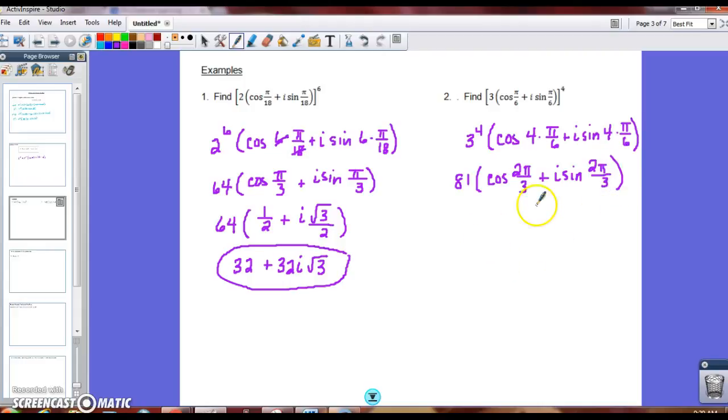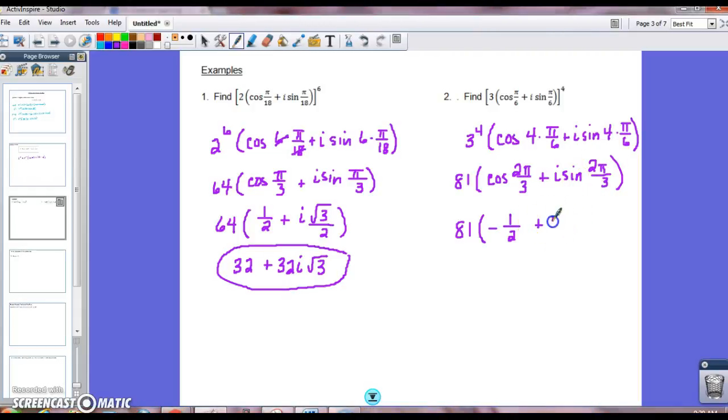If I evaluate that and distribute, cosine of 2 pi over 3 is in the second quadrant. Cosine is negative in the second quadrant, the same as cosine of 60 degrees, so that's going to be negative 1/2. Sine is positive in the second quadrant, so this is going to be positive i root 3 over 2.